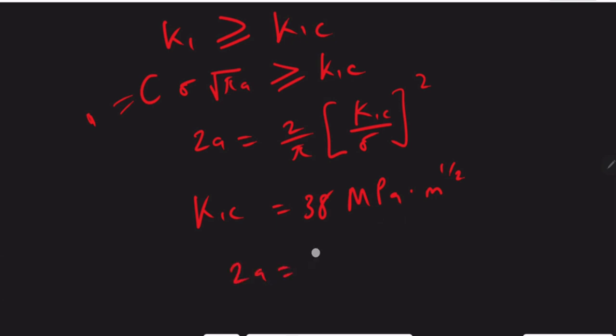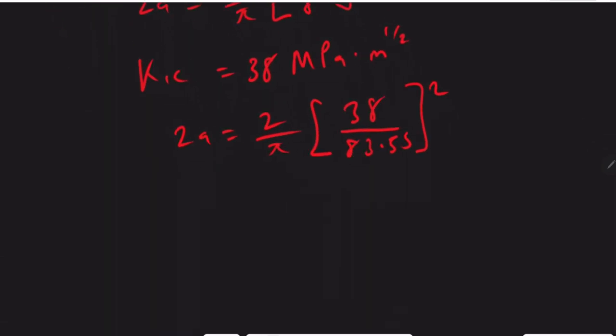So 2a is equal to 2 divided by pi times (38 divided by 83.55) all raised to power 2. When you write it out, 2a is equal to 0.132 meters, which is equal to 132 millimeter.